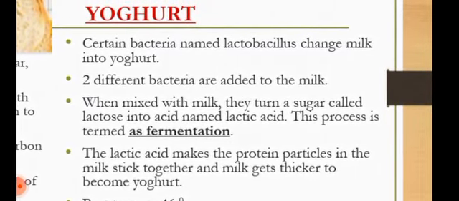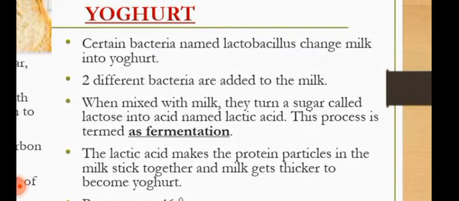When mixed with milk, they turn sugar called lactose into acid called lactic acid. This entire process is termed fermentation. So basically, the process of turning sugar named lactose into acid named lactic acid in milk is termed fermentation.